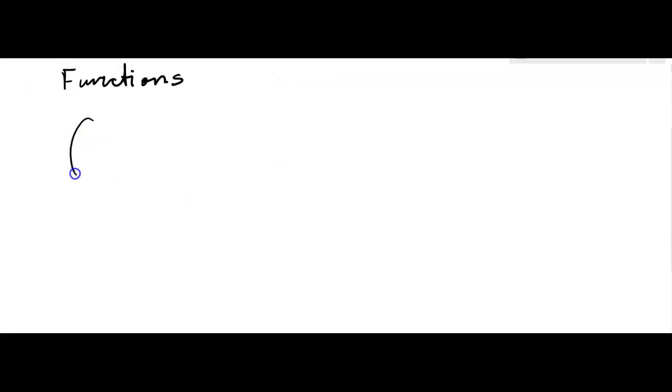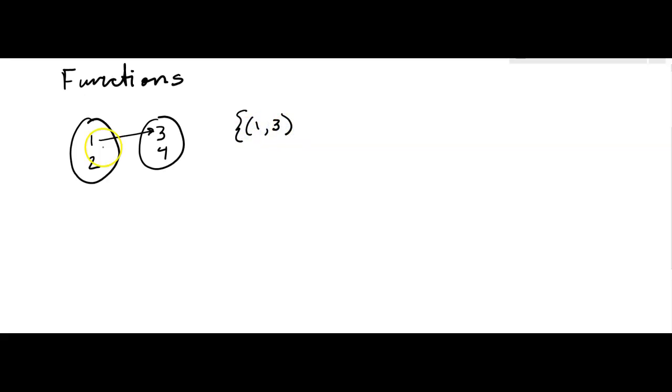So say you have a function, say you have inputs of 1 and 2, and then you have outputs of 3 and 4. So we said, okay, well, if 1 maps to 3, that's fine. Then you'd have the point 1, 3.